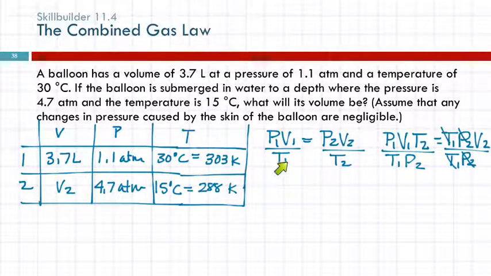What I do when I look at this equation, I can just write down the rearranged form, because if something's in the denominator of one side of the equal sign, you can take it and just move it to the numerator on the other side. If something's in the numerator like P2, you can just pull it down here into the denominator on the other side. That is the equivalent of what we're doing here, but if it doesn't make sense to you, then it's not going to work very well.